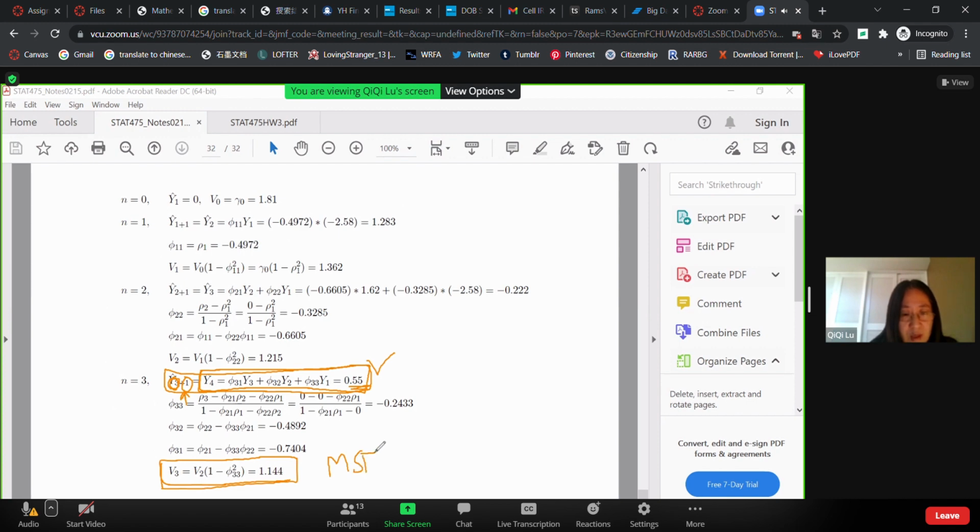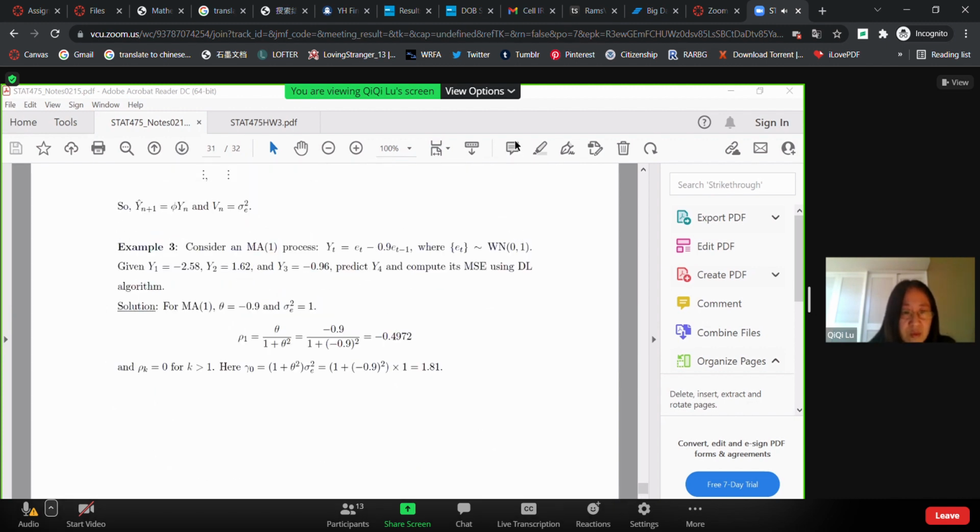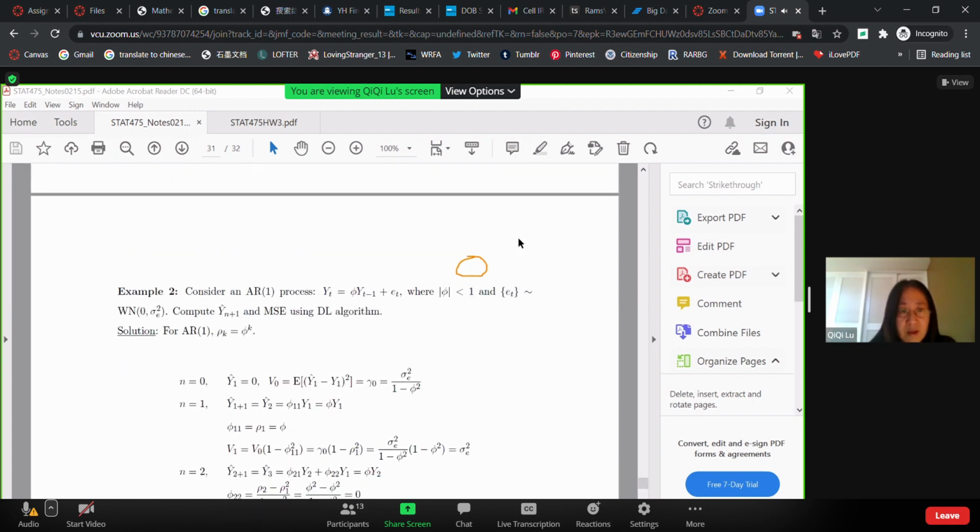So we want to find the forecast for Y4 and then the mean square error for this forecast. You want this one, and this one right here.